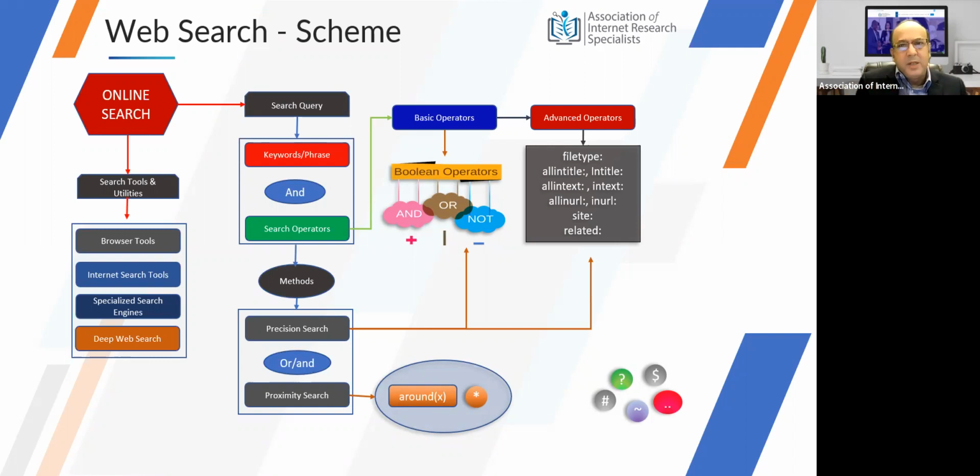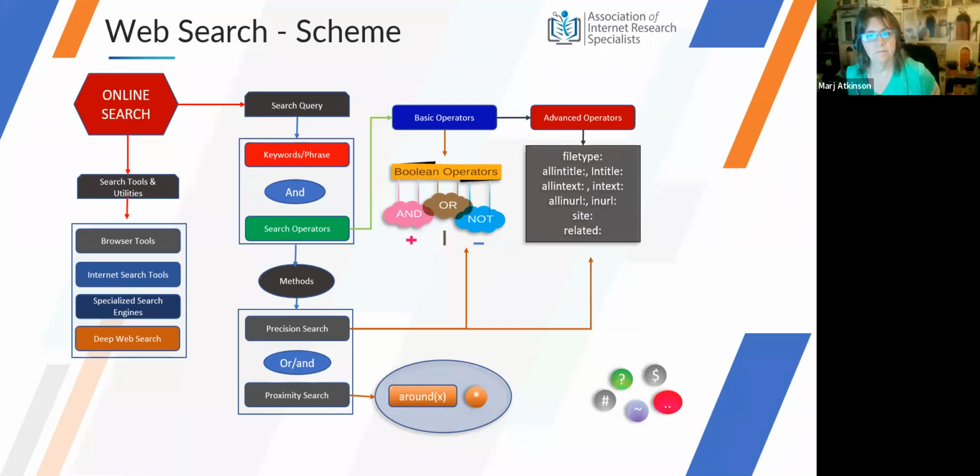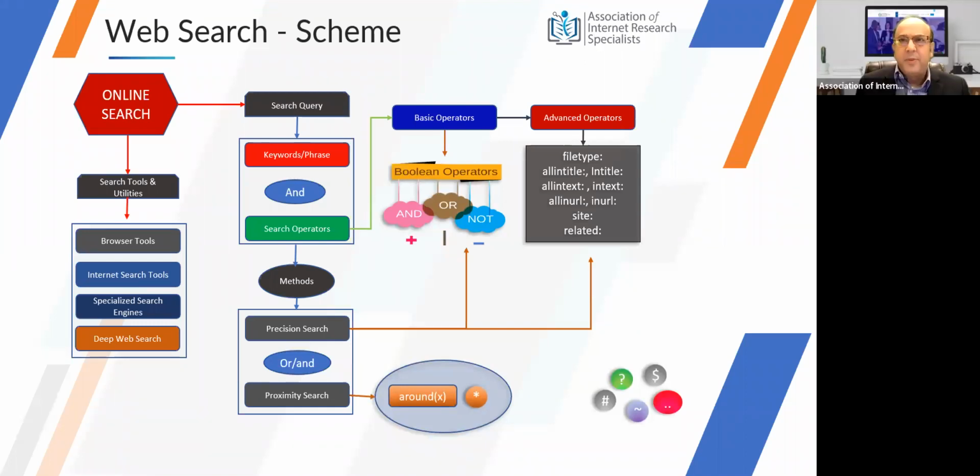One of them, as an example, is the asterisk, the wild card we call it, also called a placeholder. There is a symbol that we use, called the asterisk. And then there is another operator, one of the advanced operators, called AROUND.